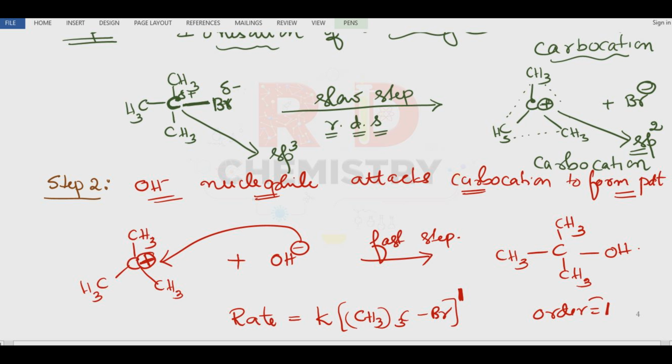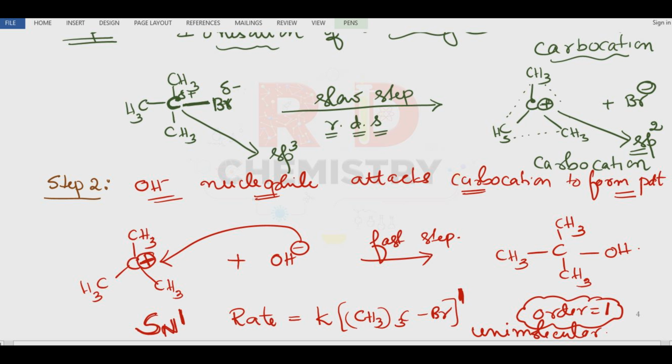Therefore the order of the reaction is equal to 1. Since the order is 1, only one molecule is involved, so it is called a unimolecular reaction. We write it as SN1, substitution nucleophilic unimolecular.